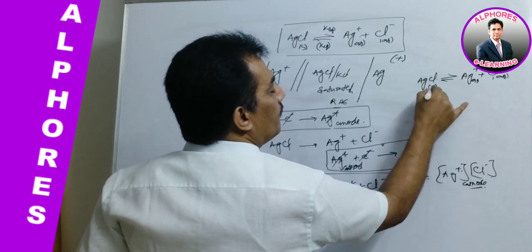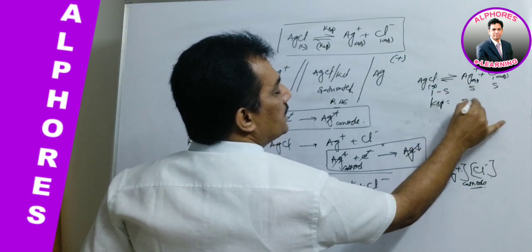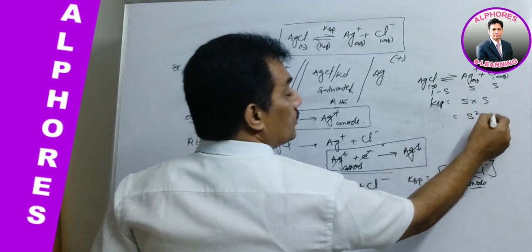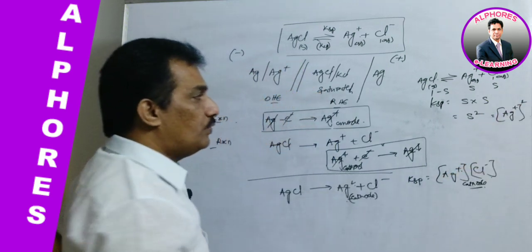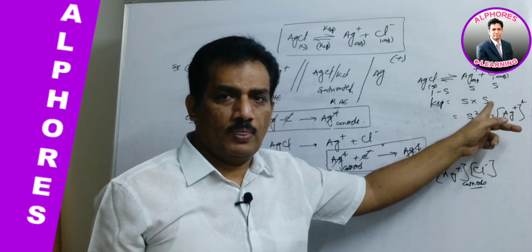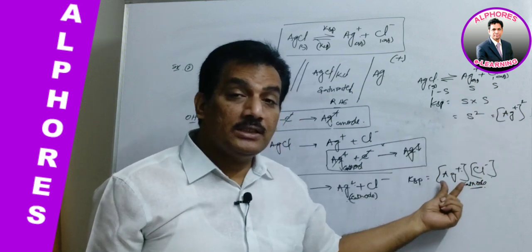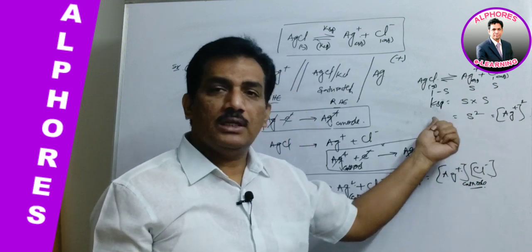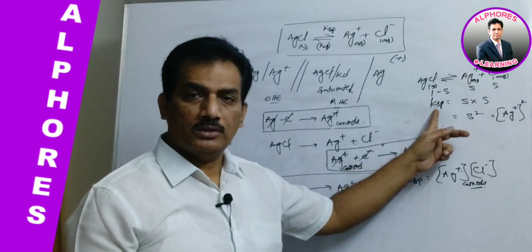KSP is S into S, that is S square, and S square is the Ag plus concentration squared, because Ag plus equals Cl minus, both being S. So once we get Ag plus at the cathode, Ag plus cathode square is equal to S square, that is equal to KSP, and this KSP is nothing but the equilibrium constant.